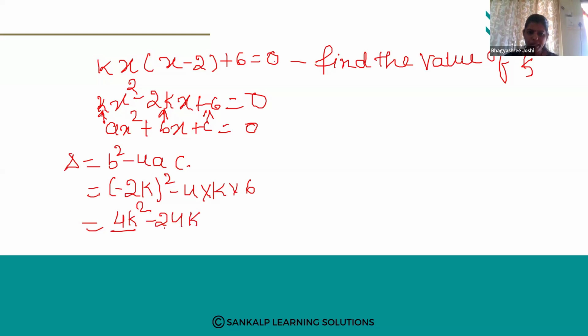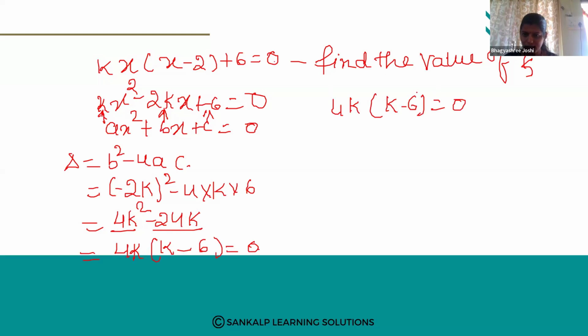Now, here 4k square is there, here 24k is there. That means 4k is common here, that I will take outside. Then what will remain in the bracket? k, and k minus 6. So 4k into k minus 6 equal to 0.